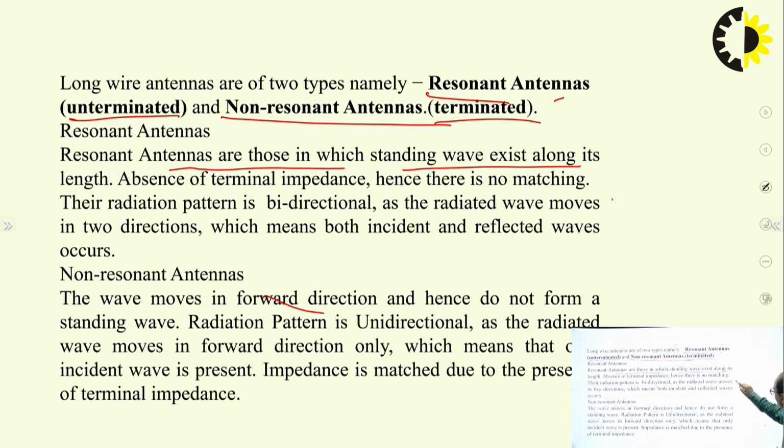Let's say this is a transmission line. This transmission line is tapered and forms a horn antenna. Clear?